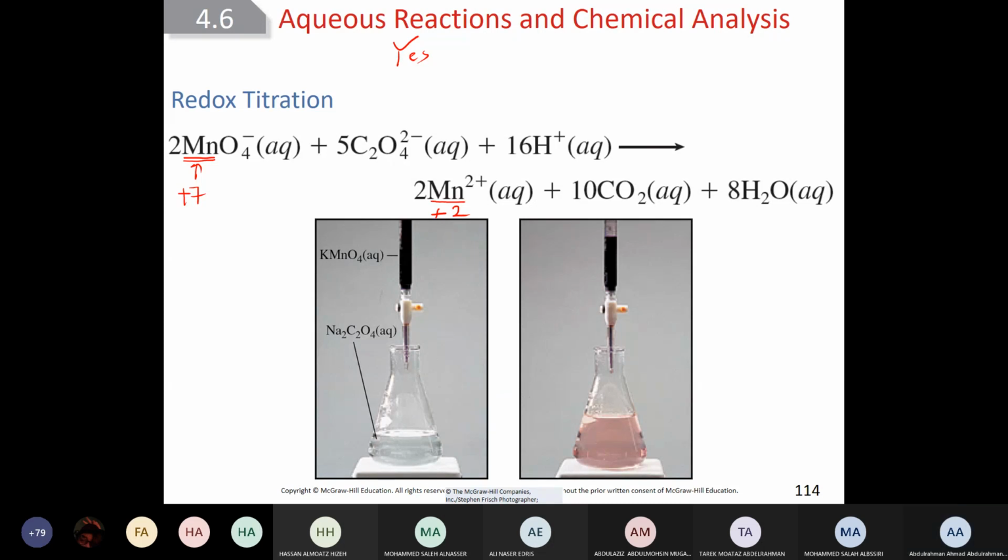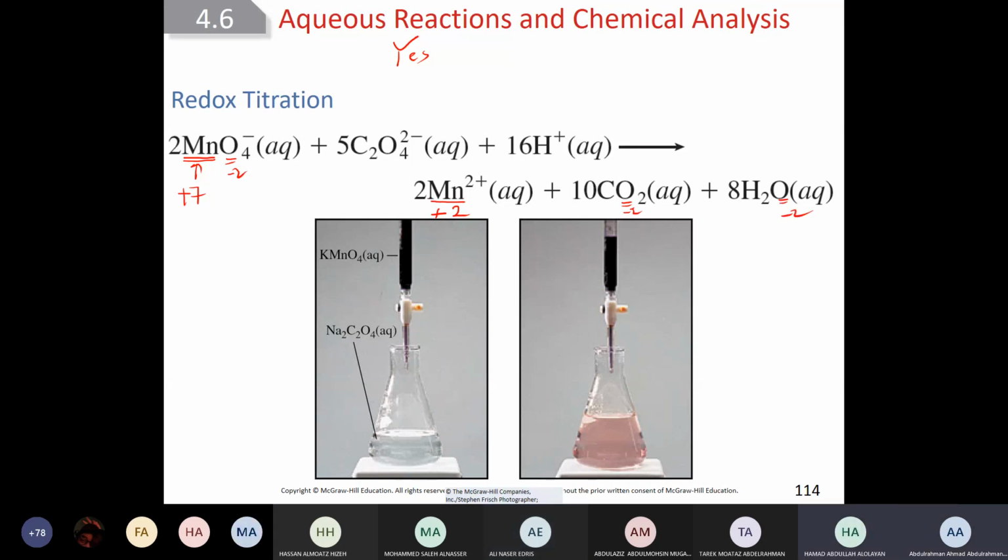What has been oxidized? No. Look at the metal. The carbon. Yes, the carbon. Why? What's the oxidation of oxygen in here? -2. What is it in here? Also -2. And here? -2.